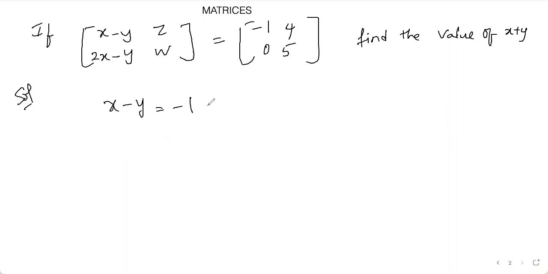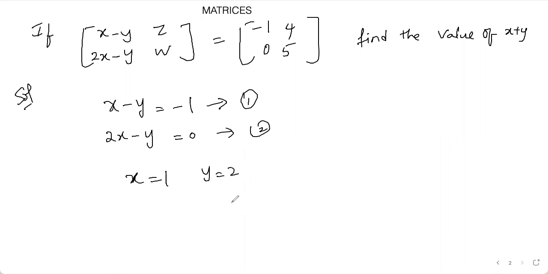Let us keep this as equation 1, and we'll consider one more, that is 2x minus y equal to 0, as another equation. Let us try to solve these equations. After solving it, we get x value as 1 and y value as 2. So x plus y will be 3, on adding this.